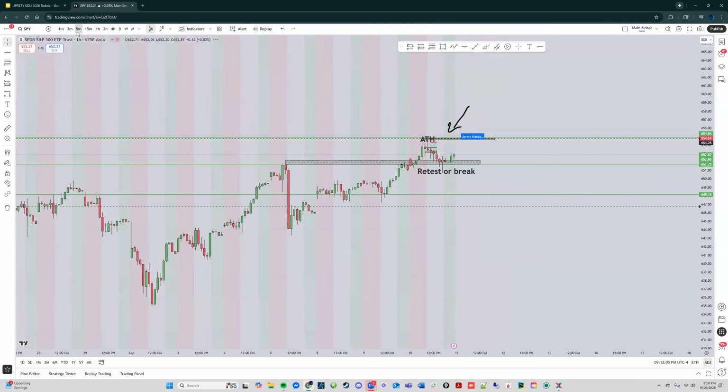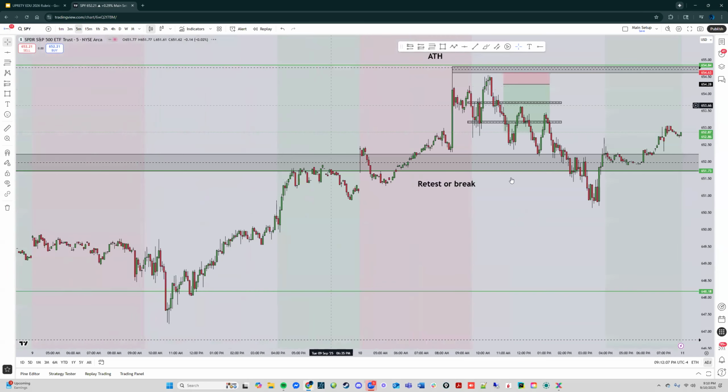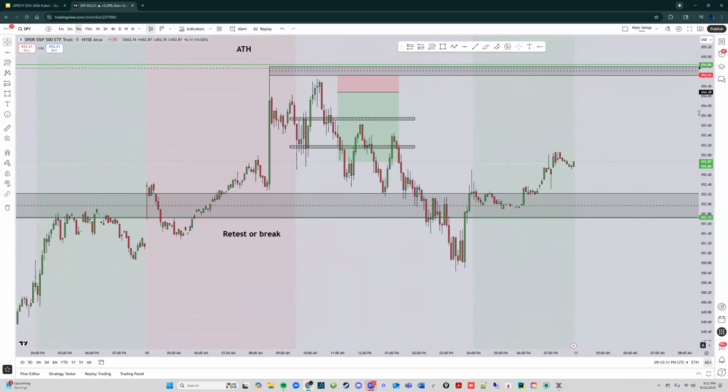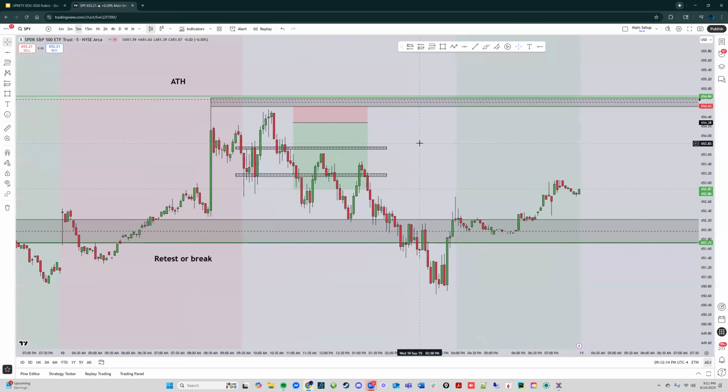If we go to the 15 minutes here, you will see how I draw a zone based off of the pre-market high wick. In my head, remember, this is also the all-time high. Anything above this becomes price discovery.